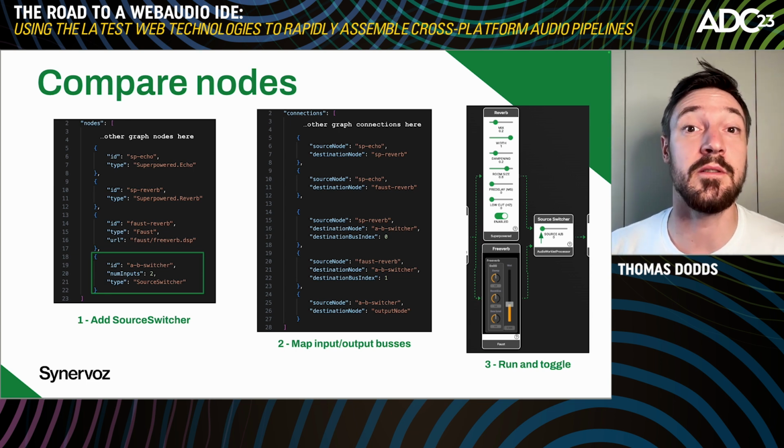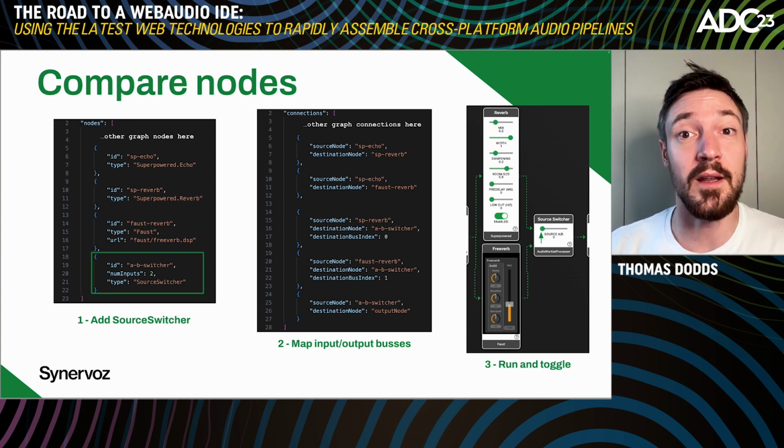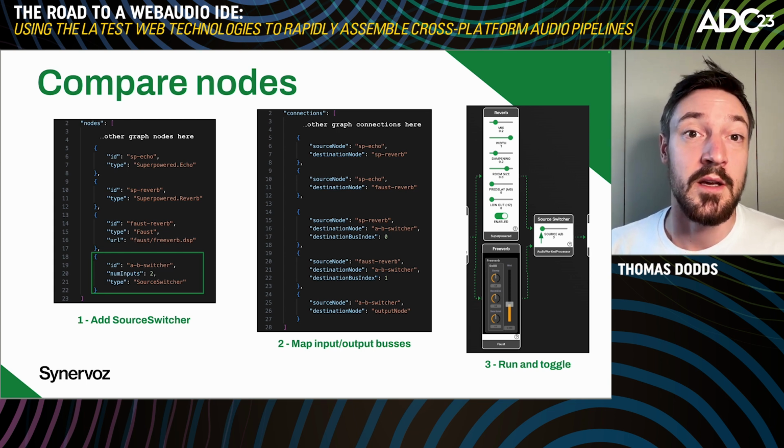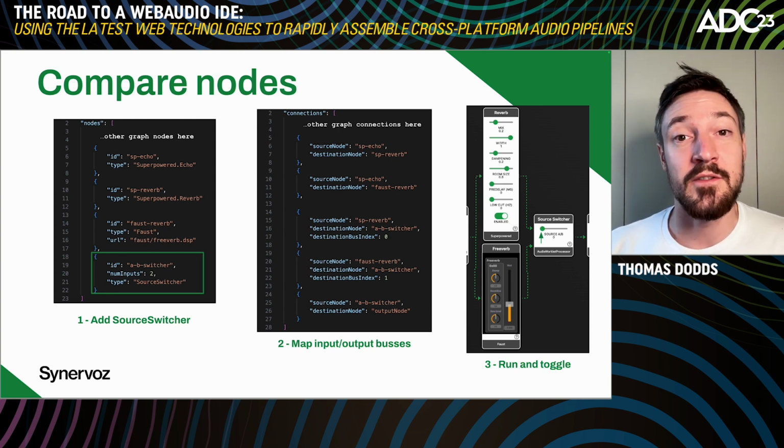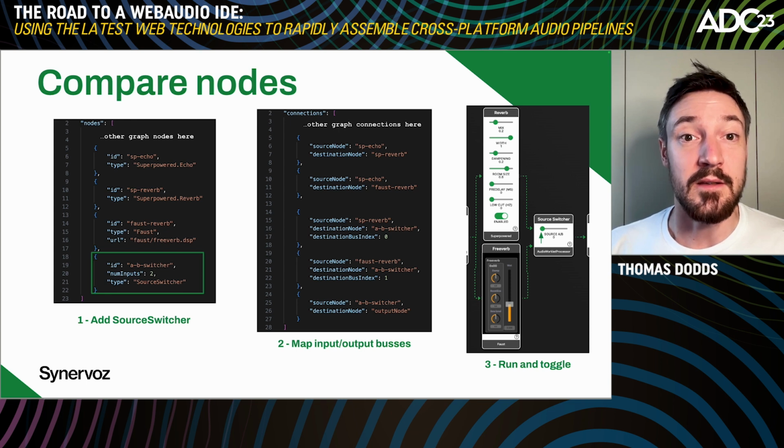In order to connect up the source switcher node correctly, we need to introduce the second new feature, connections. Previously, in the examples I've shown before, the nodes were simply connected in series. Each output of a node was connected to the input of the next node in the nodes array until the last node, where it was automatically connected to the speakers.